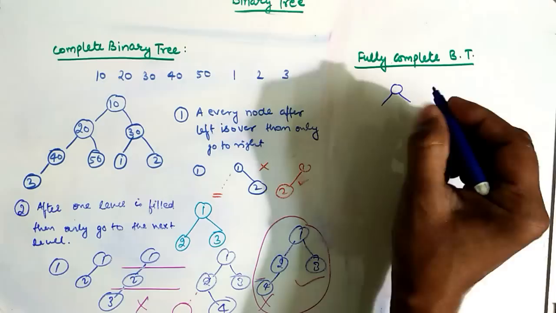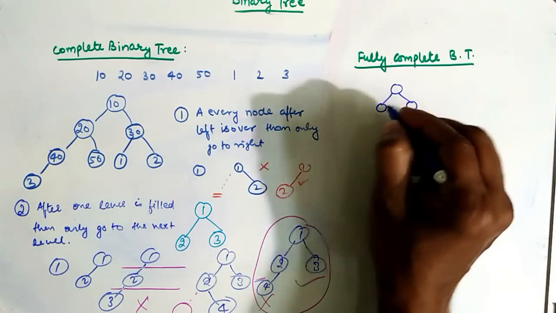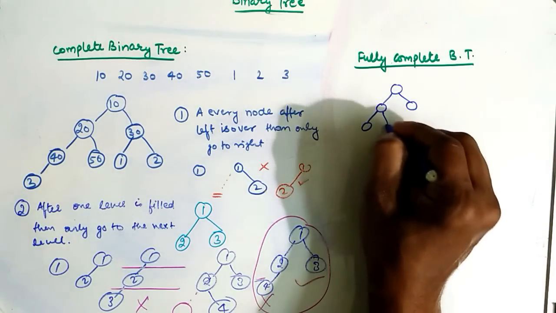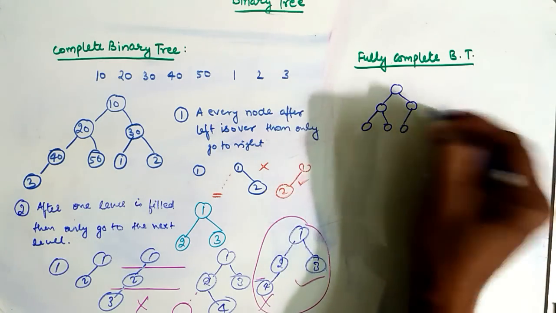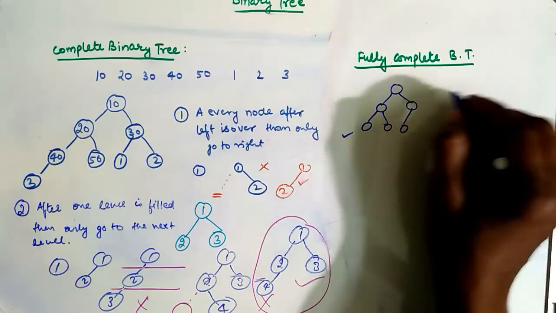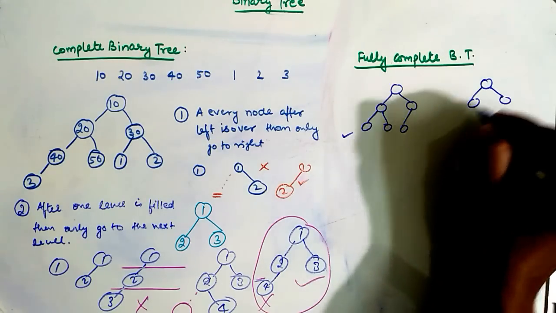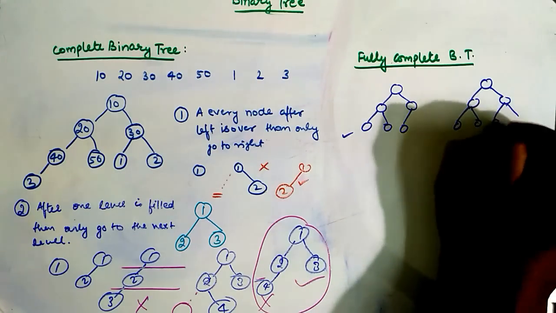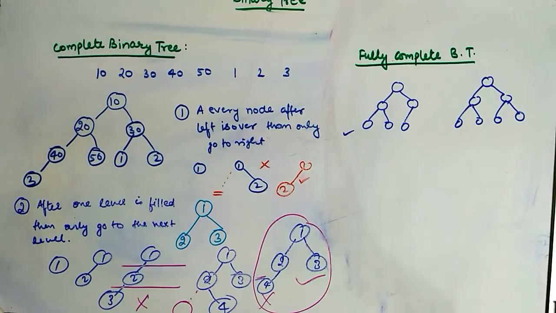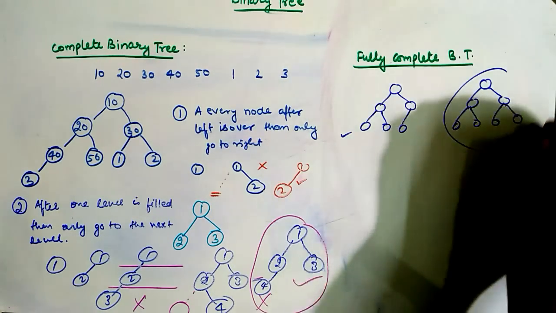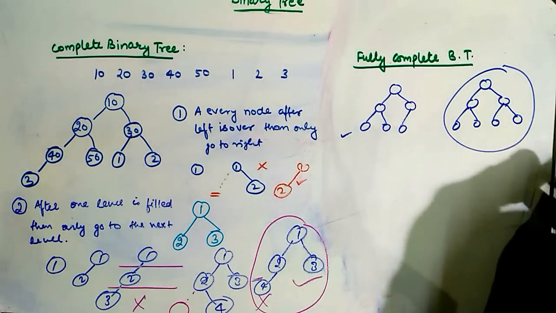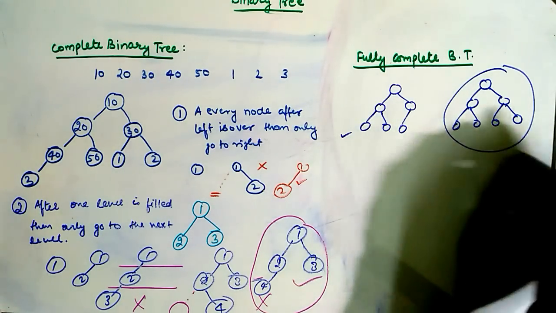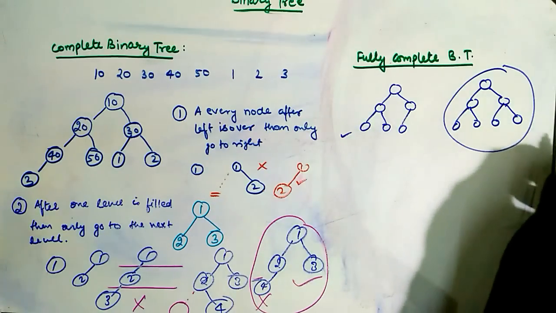If a tree given is as this, we have these nodes and so one tree is given like this, and another tree is given with this. So this is called a fully complete binary tree, in which at each level we have filled all the information and there is no right or left part empty except the leaf nodes.